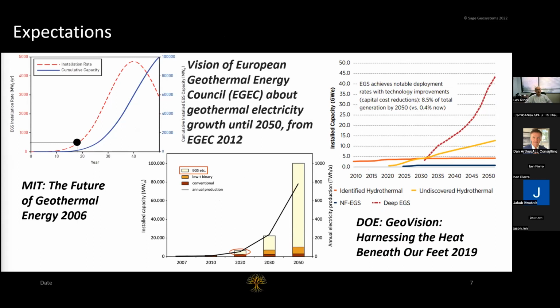Because whatever year's projection you take, we were supposed to already be producing gigawatts of dry rock geothermal power. And as of today, we're producing exactly 0. So there is a problem. Projections were made, they're all good, but we're not producing.